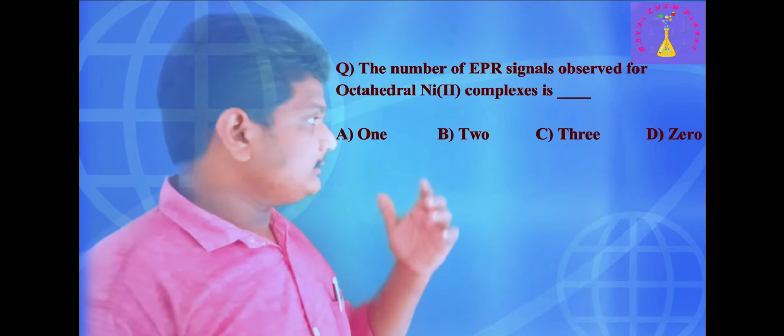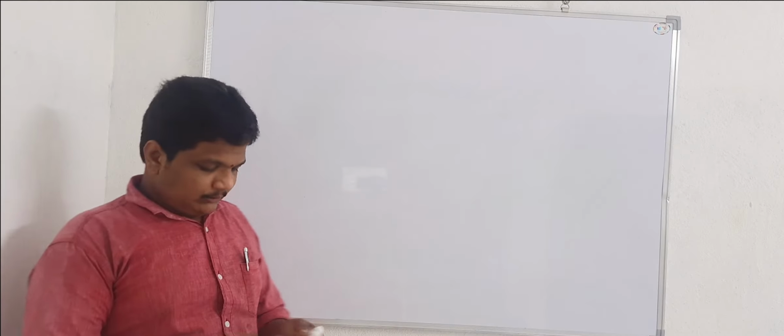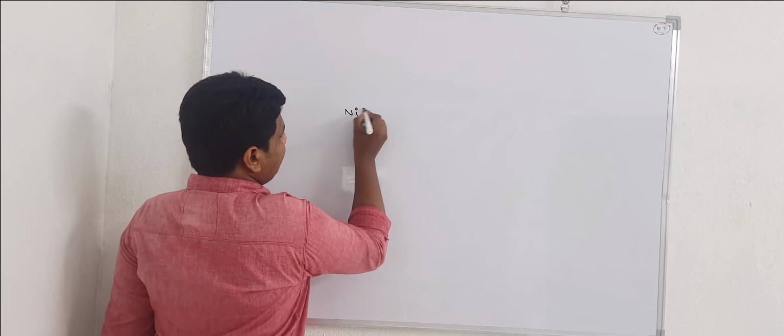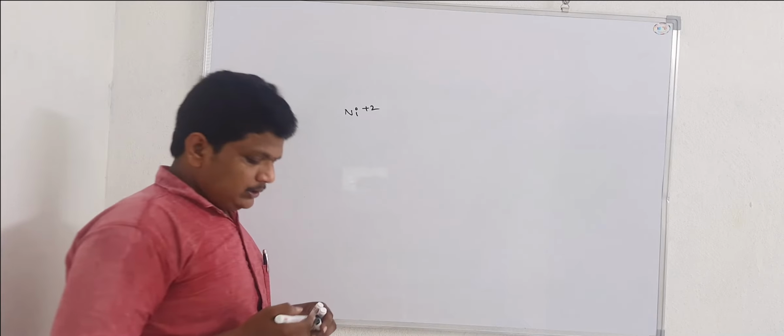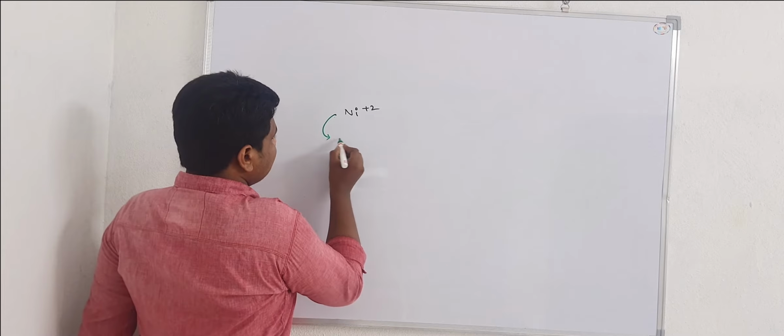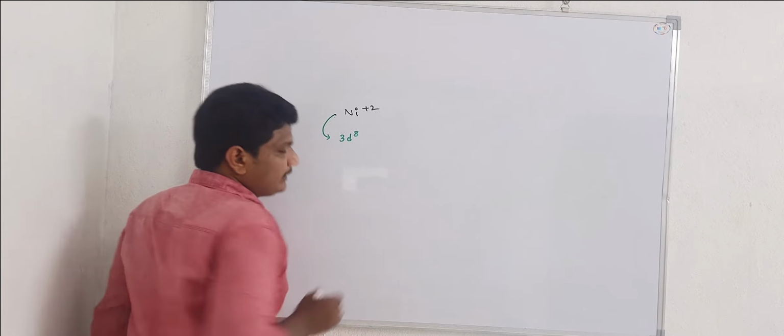Now let us solve this question. They are asking for the number of ESR lines for the Ni+2 complex. This Ni+2 will contain the 3d8 electronic configuration.